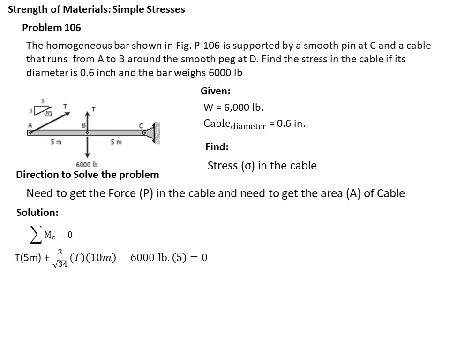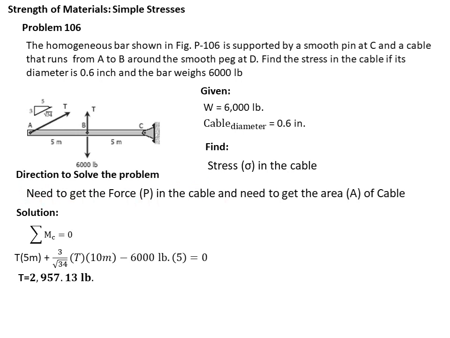This one, 10 meter is the moment arm. So less the 6,000 pound times 5. It is negative since we consider that counterclockwise is negative and clockwise direction is positive. So it is equal to 0. So we can solve T is equal to 2957.13 pound.